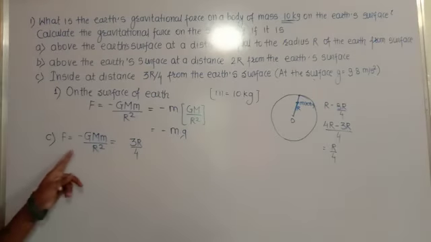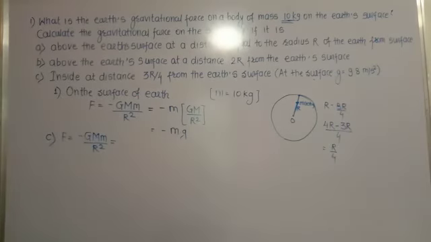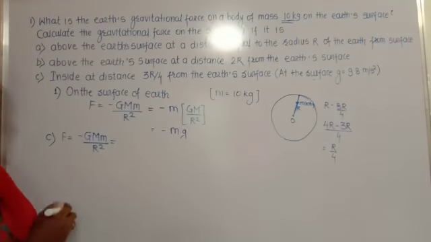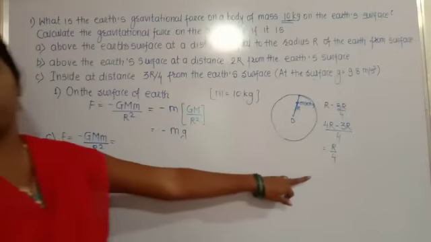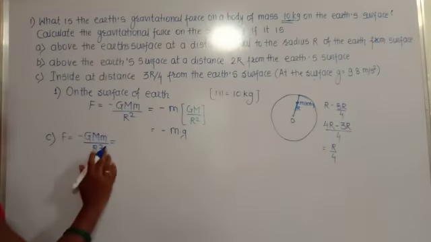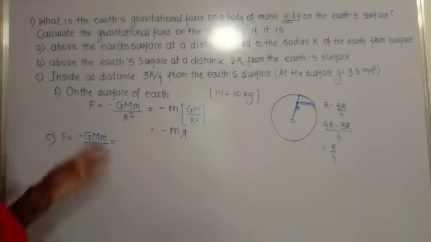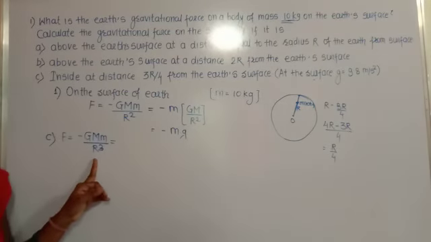So we have F with the distance R by 4. Inside the surface, the formula uses R cube, according to the formula F equals minus G capital M small m divided by R cube, because inside the surface the formula has R cube.